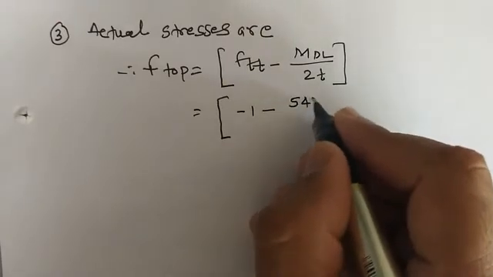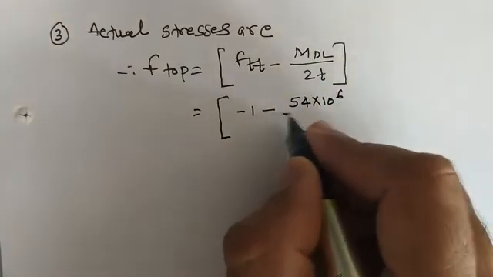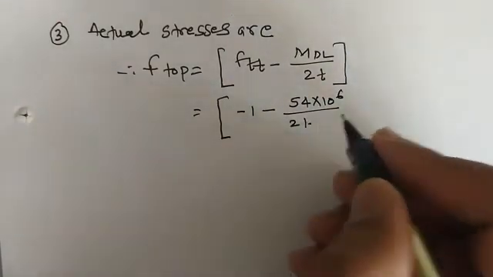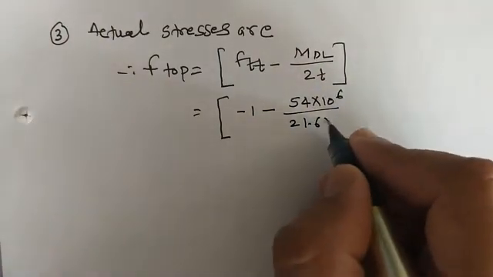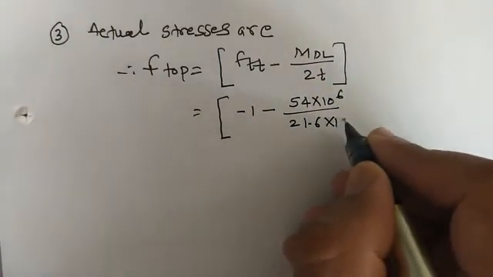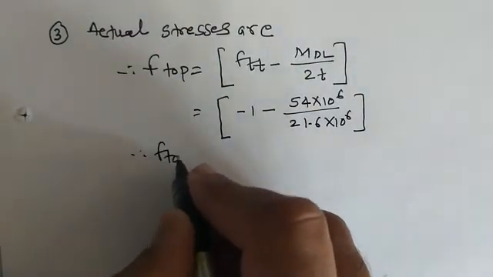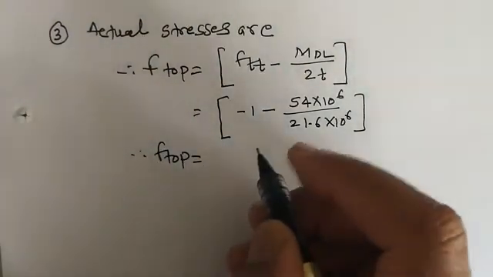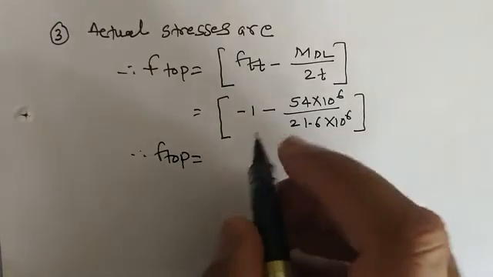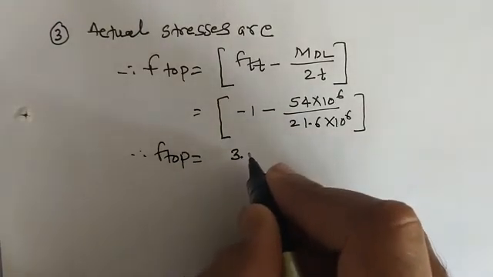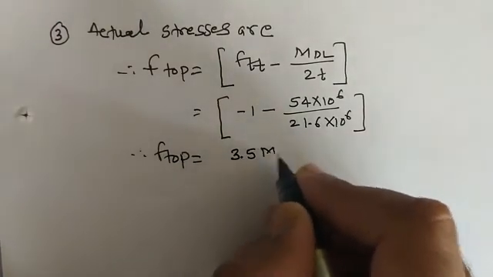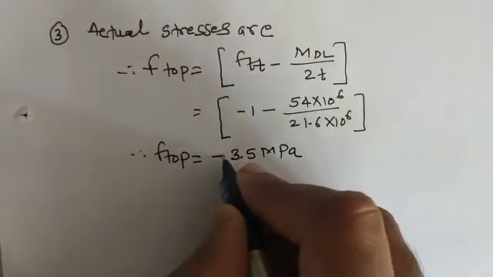Bending moment due to dead load is 54 into 10 to the 6 and the value of Z top is 21.6 into 10 to 6. After simplification we get the value of F top is 3.5 megapascal, but it is minus.